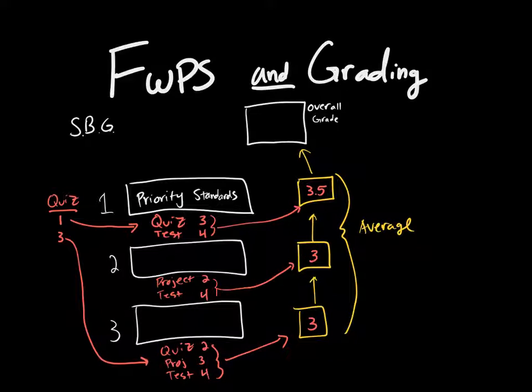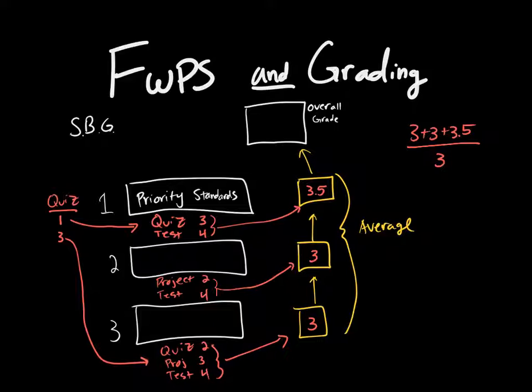And so your overall grade for this class is 3 plus 3 plus 3.5, and then we divide that by the number of total grades we have, which is 3.